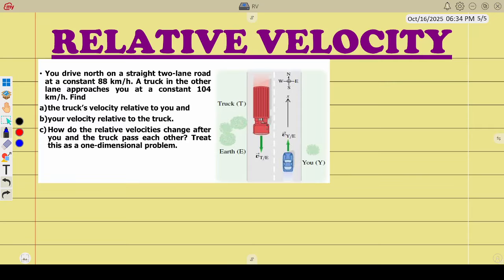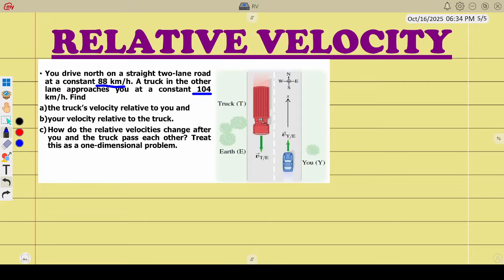So to conclude, I know you don't have cars, but just imagine you drive due north. So due north meaning you are going straight. Imagine you drive due north on a road at a speed of 88 kilometers per hour, and then a truck in the other lane is approaching you at a constant speed of 104 kilometers per hour.